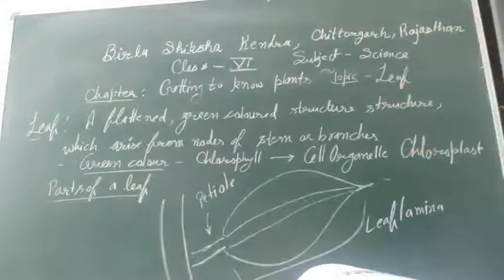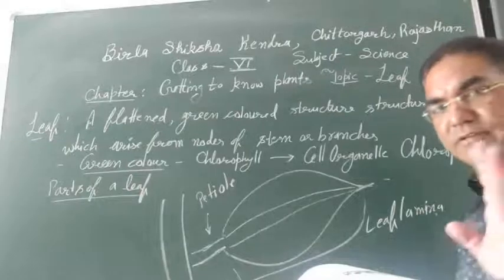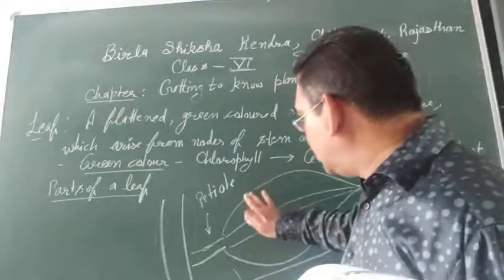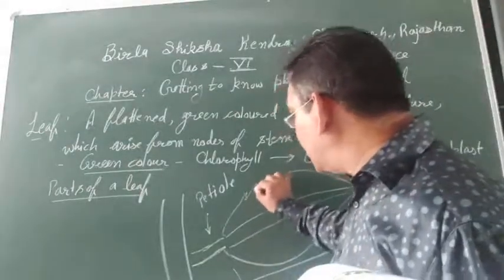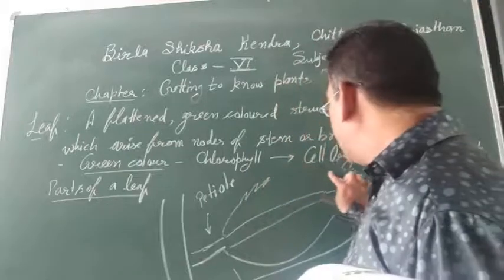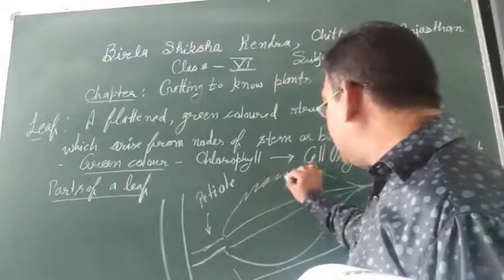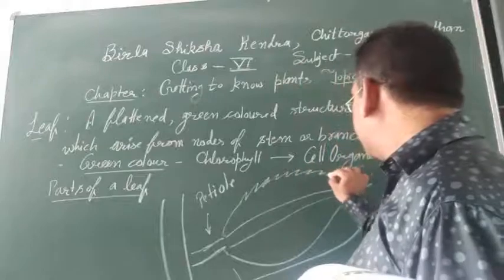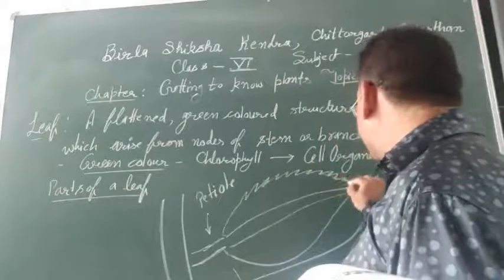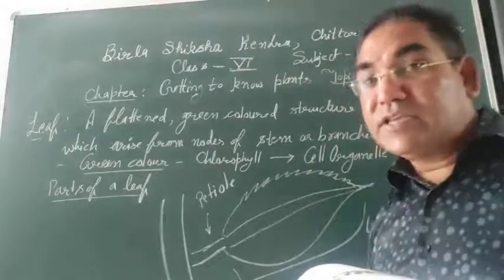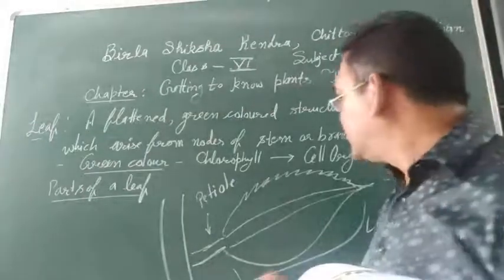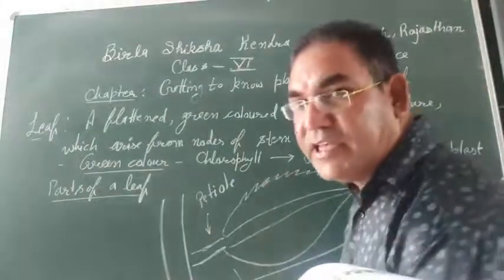The broad portion of the leaf is called leaf lamina. Got it? These are the margins of the leaf. You can observe them in a number of leaves like this one. These are known as leaf margins.